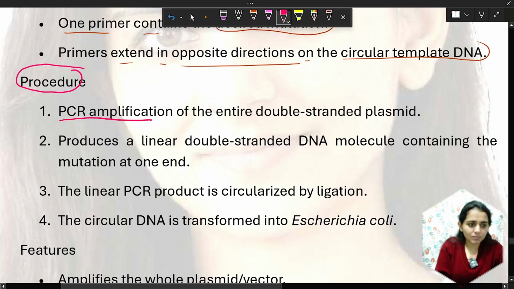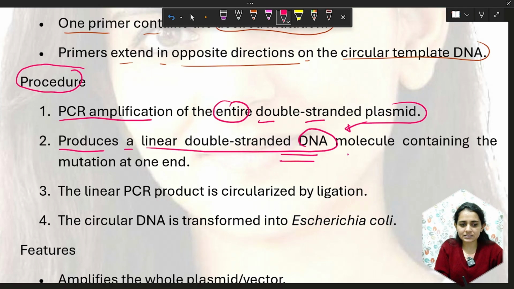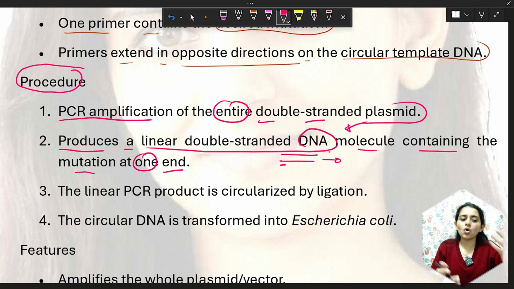In PCR amplification, the entire double strand of the plasmid is used to amplify. Then it produces a linear double-stranded DNA, and that plasmid will form a linear strand and contain a mutated end. So one end here is mutated and that will amplify more.